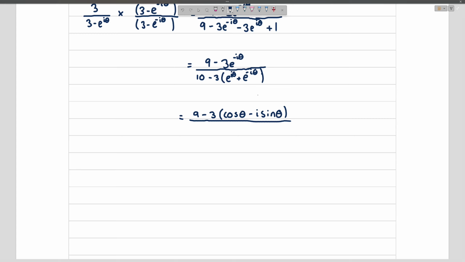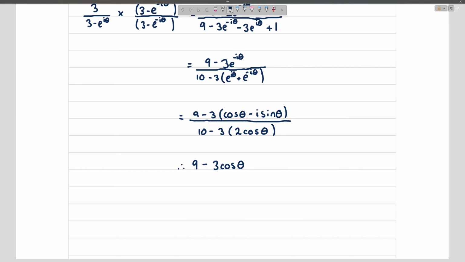This is just 2 cos theta. Again, be very, very careful here. So I get 10 minus 3 lots of 2 cos theta. And if we just simplify here, therefore we get 9 minus 3 cos theta.